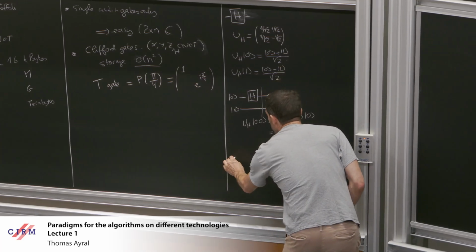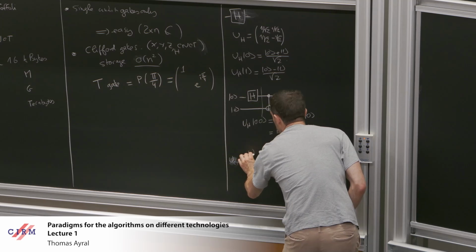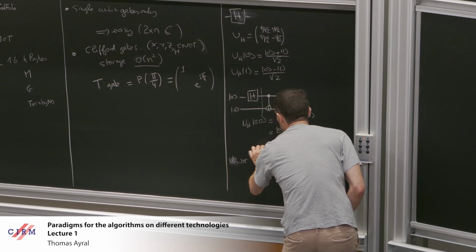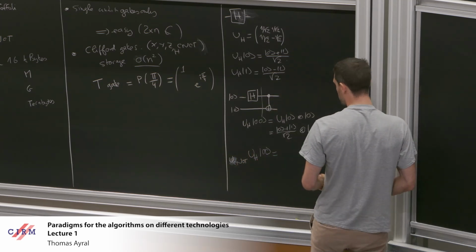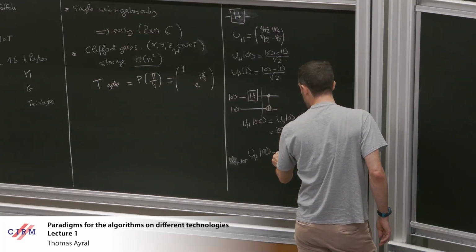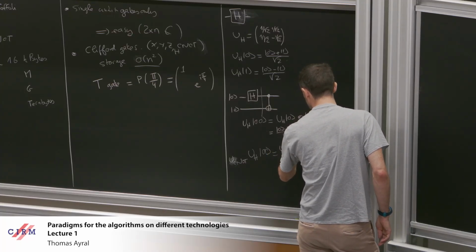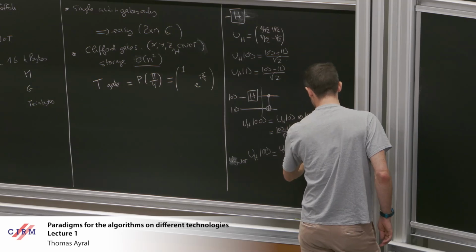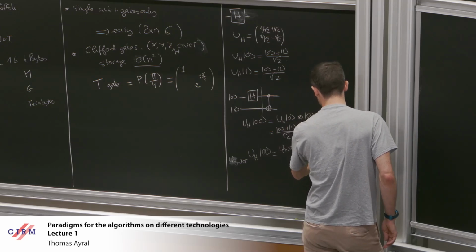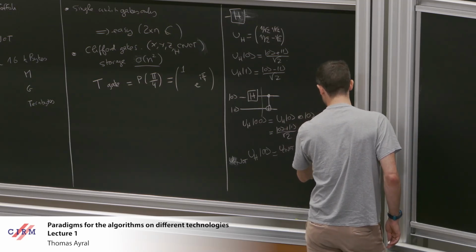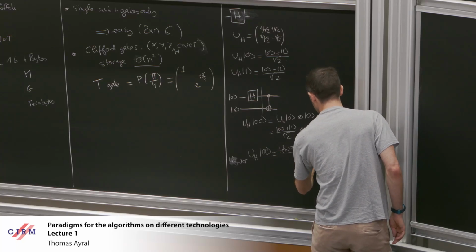And then when I do U of C0 times UH times 0, 0, I need to be careful. Now I need to use linearity. So I do U of C0 times 0, 0 plus U of C0 times 1, 0 over square root 2.